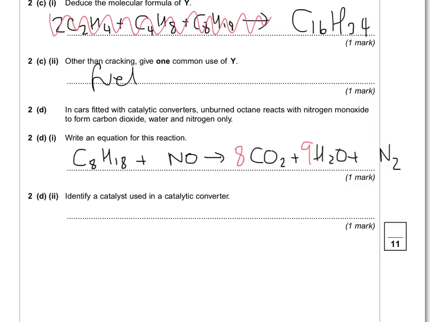So you need 25 over 2 nitrogen oxides, and then therefore 25 over 4 N2s.